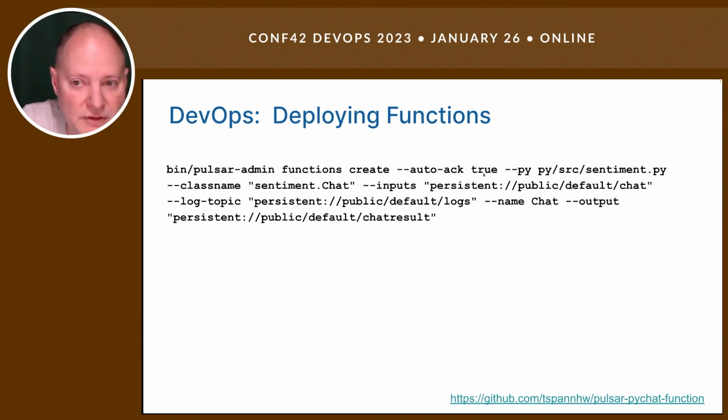Same idea. We talked about deploying functions before. Here's one specific to that ML little function I did. Again, point to that Python script, give it the class name. What's the input? What's the log? What's the output? There's a couple of other options you could put in there. I'm doing auto ack true.